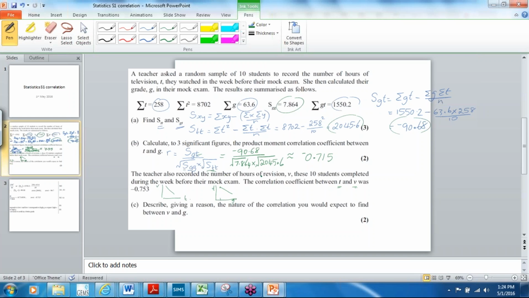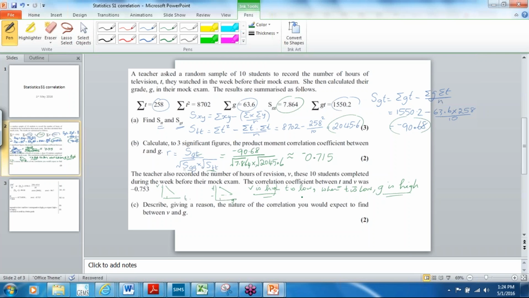So we can write, when V is high, T is low. When T is low, G is high, because there's a negative correlation coefficient between T and G. Therefore, when V is high, G is high.